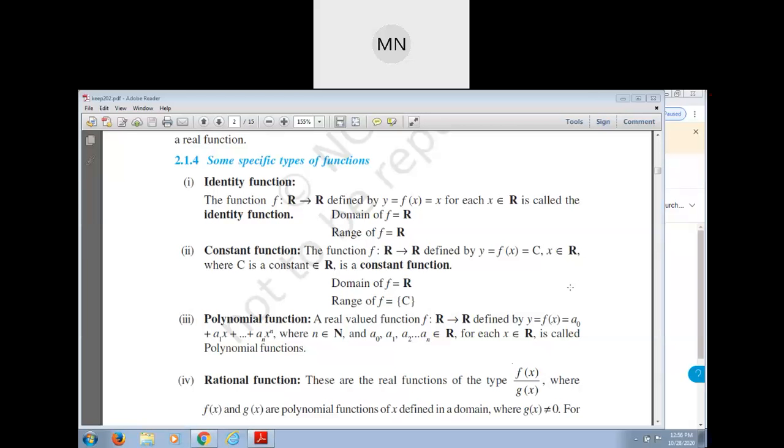A real valued function f from R to R is defined as y equals a naught plus a1 x plus a2 x square plus up to a n x power n.